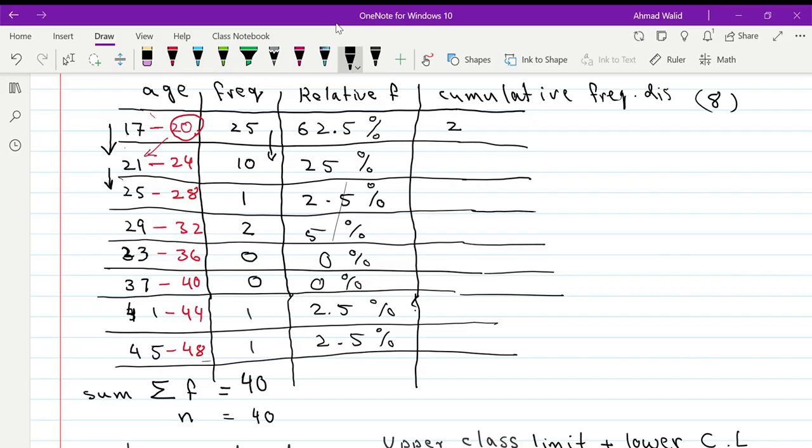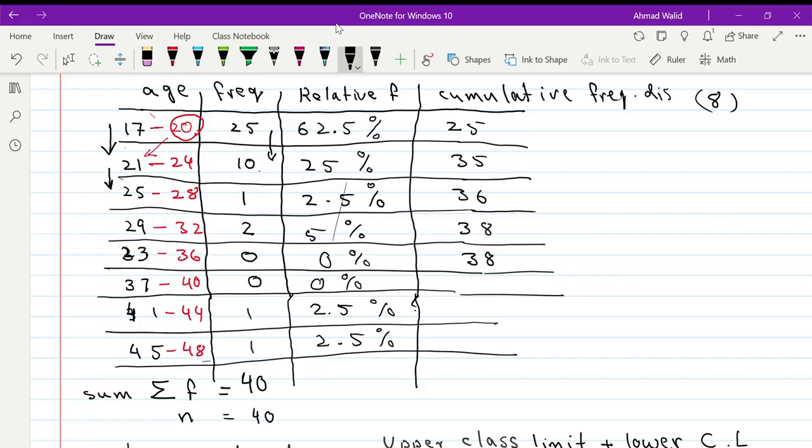The frequency is 25. We are adding sequential classes together. 25 plus 10, which is the next class, gives me 35. Next is 1. 35 plus 1 gives you 36. Next one is 2. It gives you 38. Next one is 0, so it gives you 38.